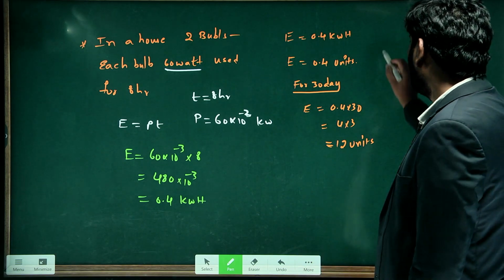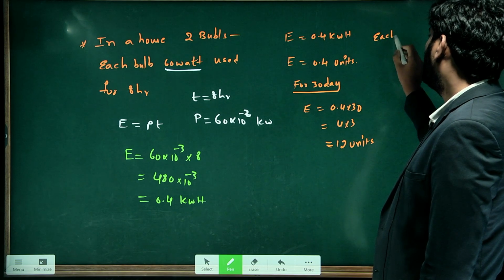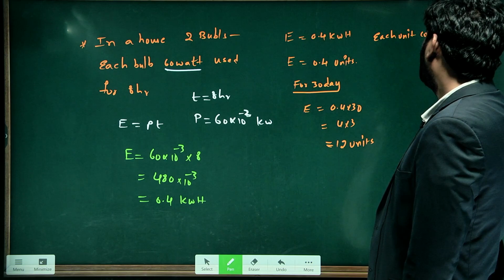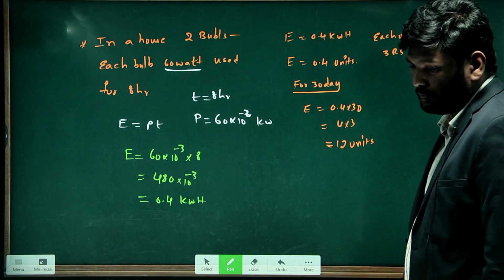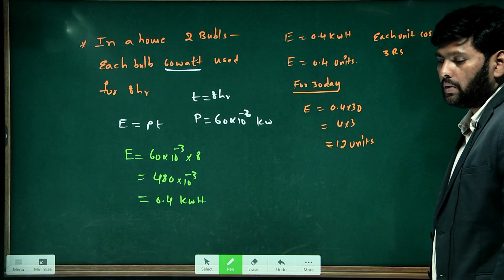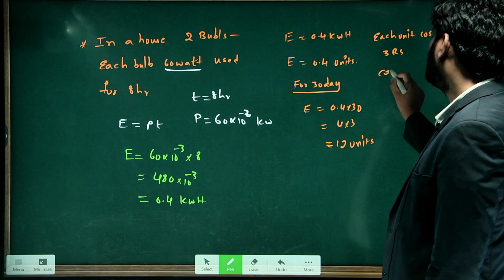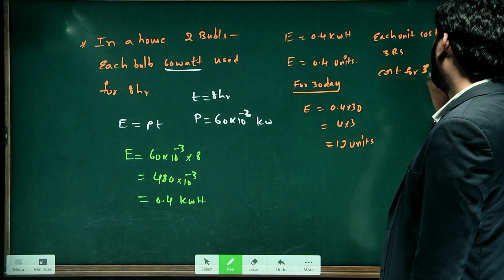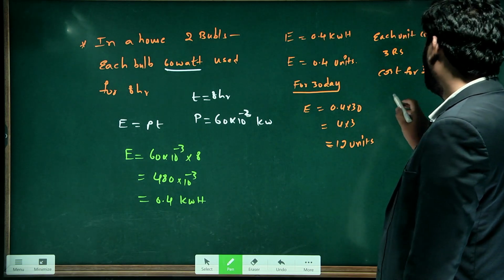For example, each unit costs 3 rupees. Then how much is the total cost for 30 days, that is, for 1 month?